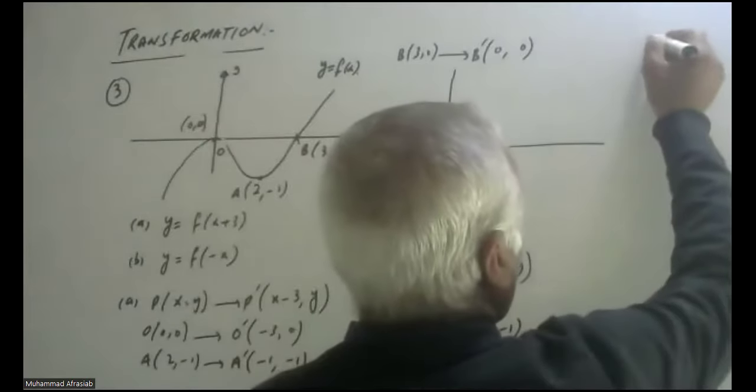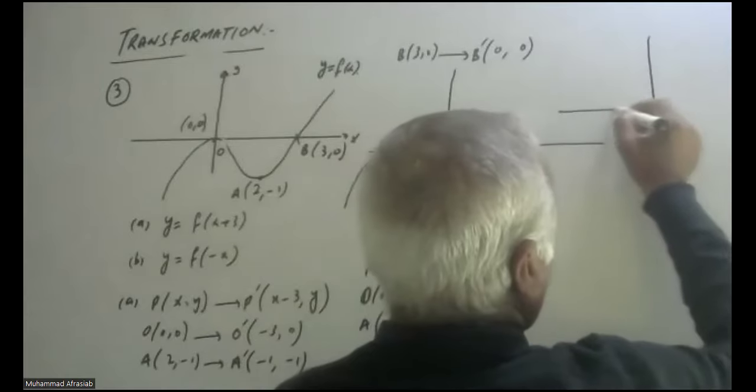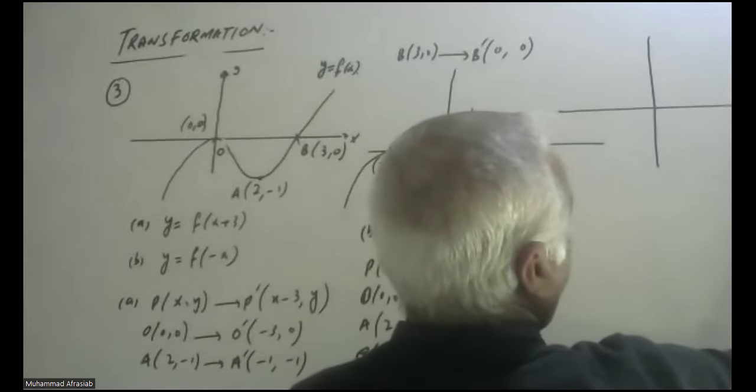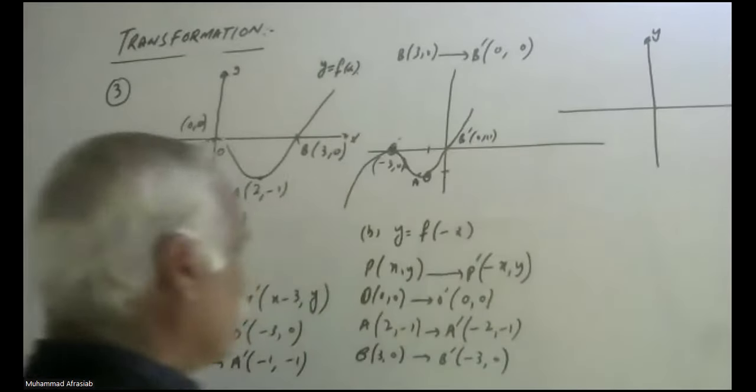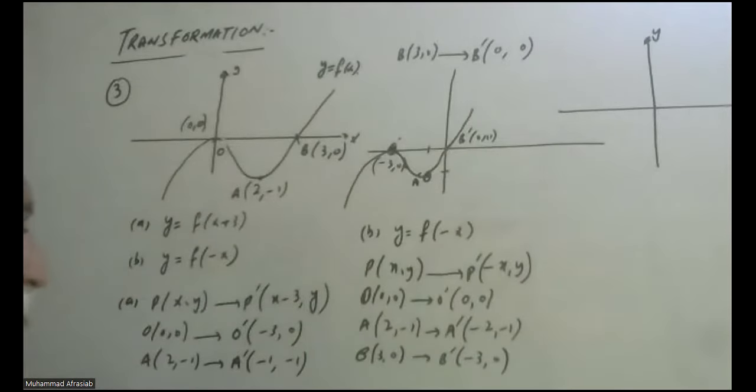Now, this is the x-axis, this is the y-axis, and now we are going to draw the graph of y equals f(minus x), or the reflection about the y-axis.